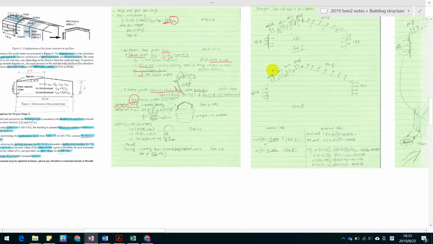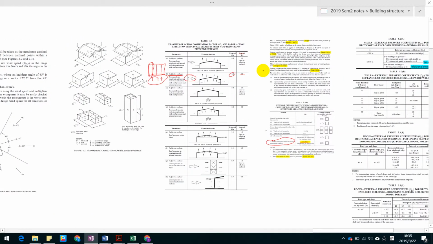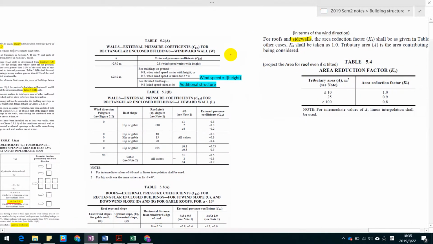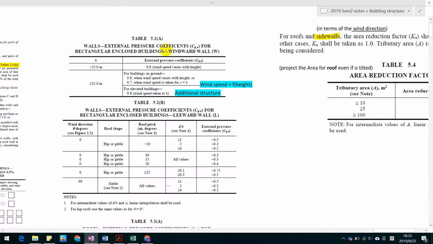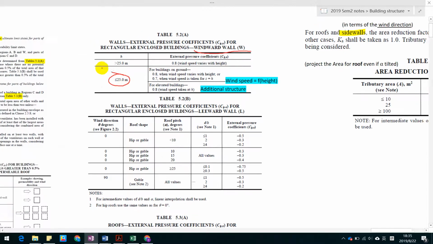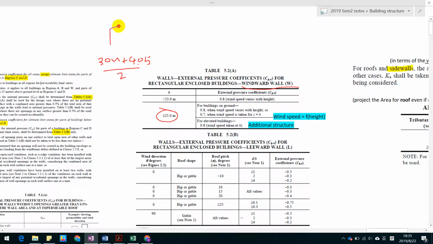This comes from, okay, this row, we have the windward wall, and apparently our H, the height of the building, is determined as 3.0 and so on plus 4.05, as given in the brief, and that height is actually taken from the midpoint of the building, the mid height of the building, as I draw here.